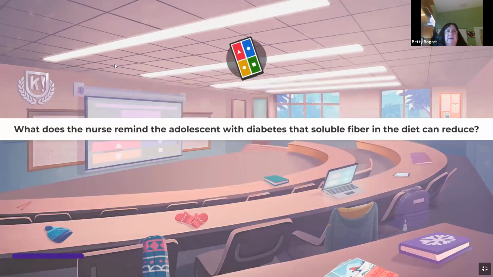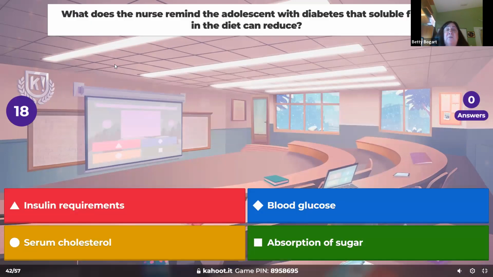Another multi. What does the nurse remind adolescents with diabetes that soluble fiber in the diet can reduce? Soluble fiber again. Remember that means not bran cereal, right?